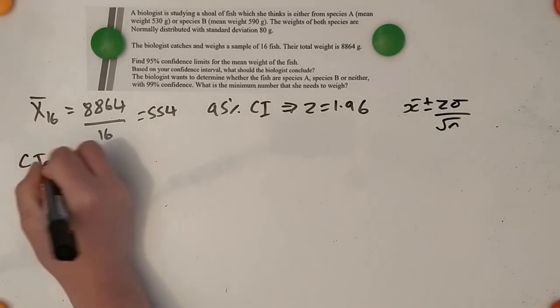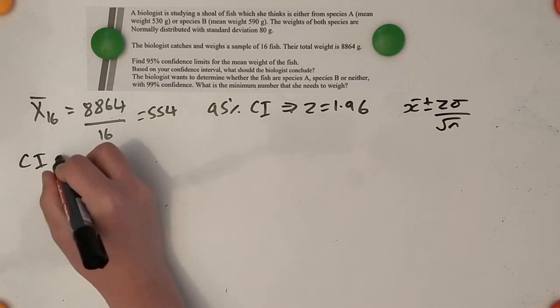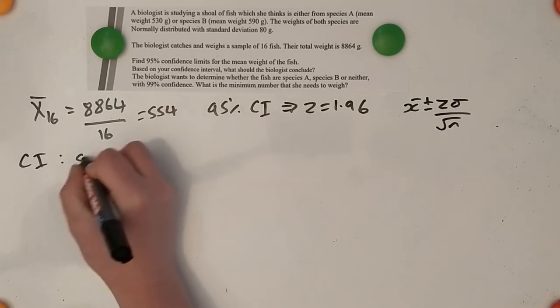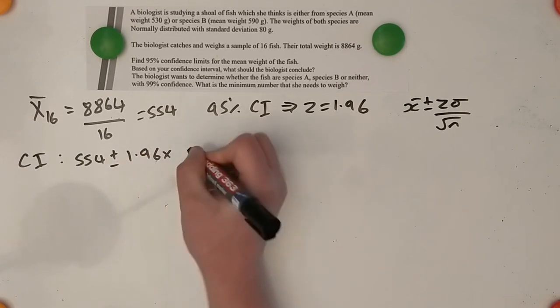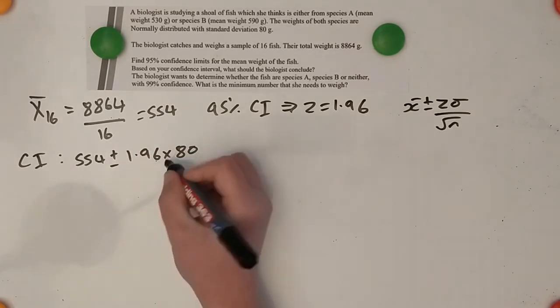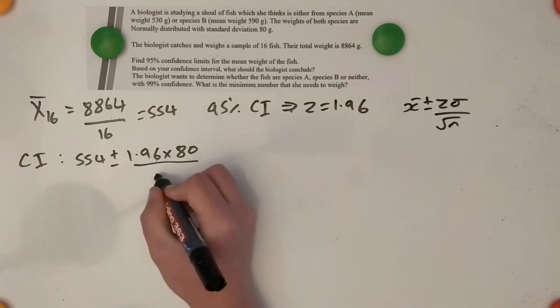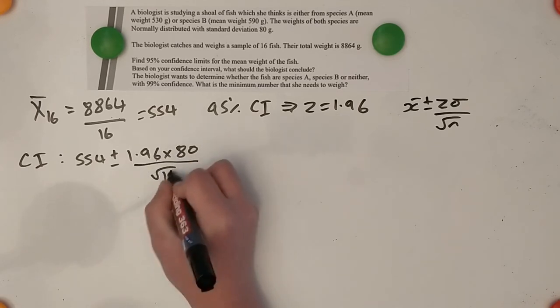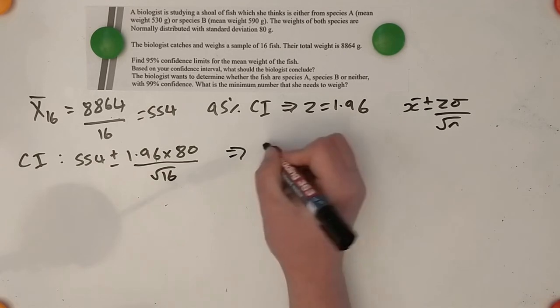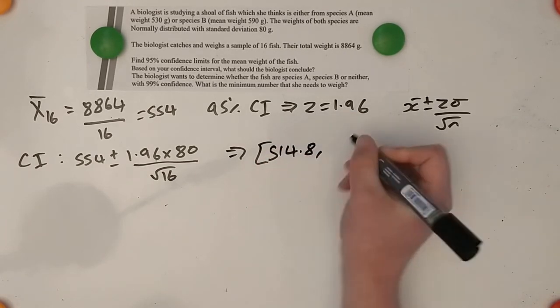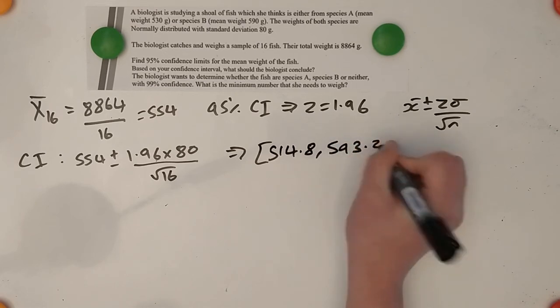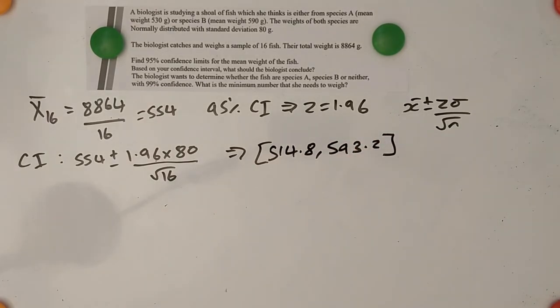So the confidence interval is 554 plus or minus 1.96 times 80 divided by root 16. That gives me confidence limits of 514.8 and 593.2.